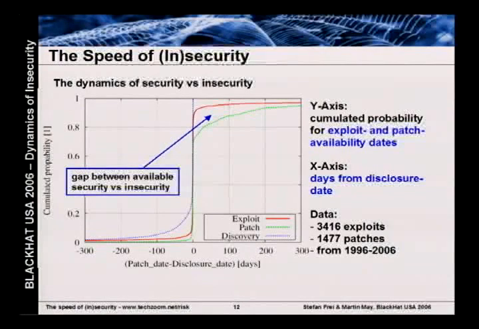And the gap between those two curves, we call the security gap. So even if you patch your system at the date that the patch comes out, you are still prone to attacks because exploits are made available even before. So this is the main result from our initial analysis.